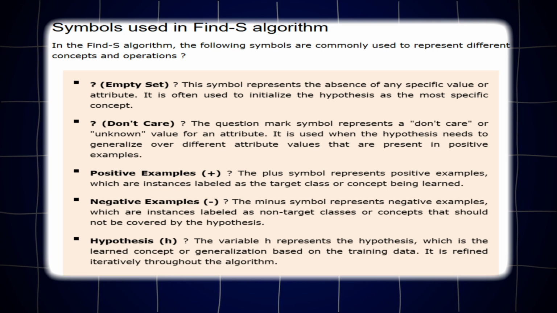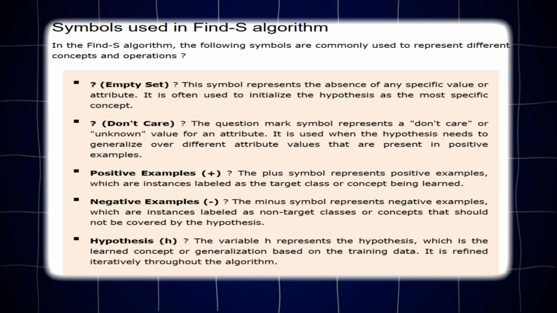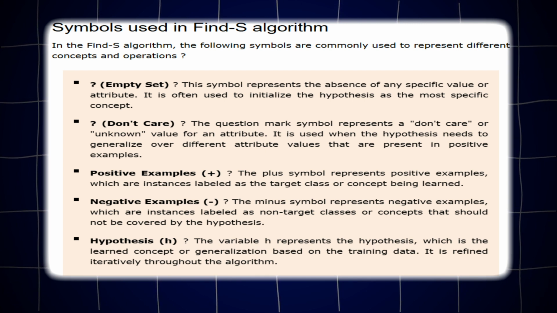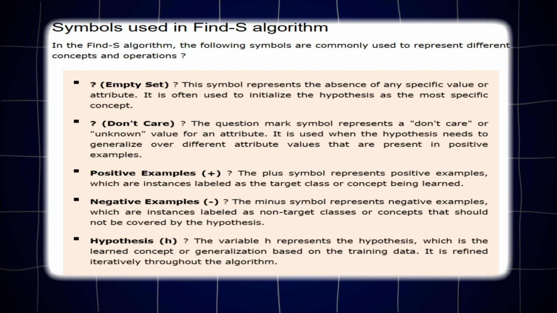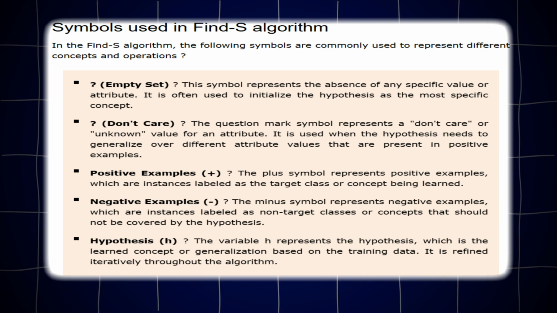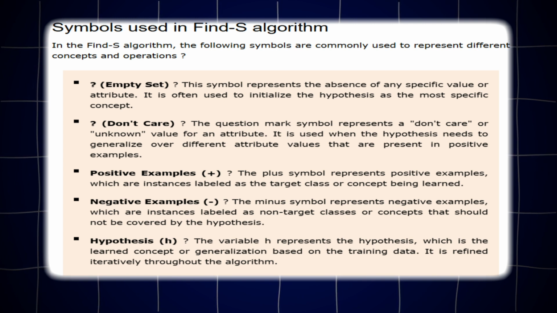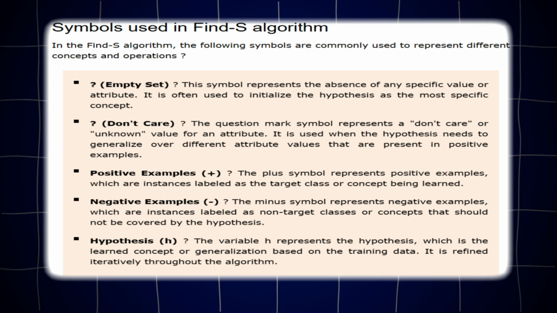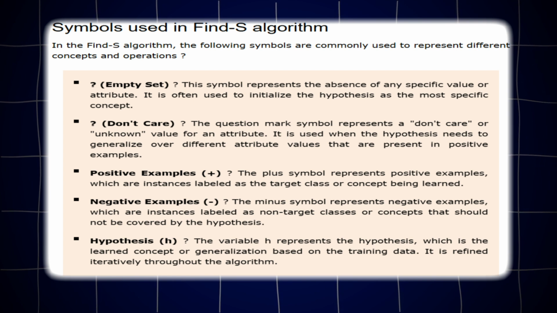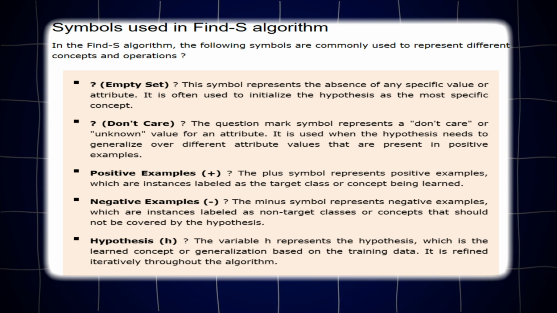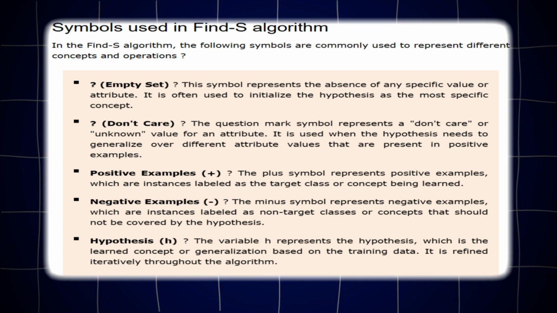The symbols used in the Find-S algorithm: the empty set symbol represents the absence of any specific value or attribute. It is often used to initialize the hypothesis as the most specific concept. The question mark is the don't care term, representing an unknown value of an attribute. The plus symbol represents a positive example, an instance labeled as the target class or concept being learned.